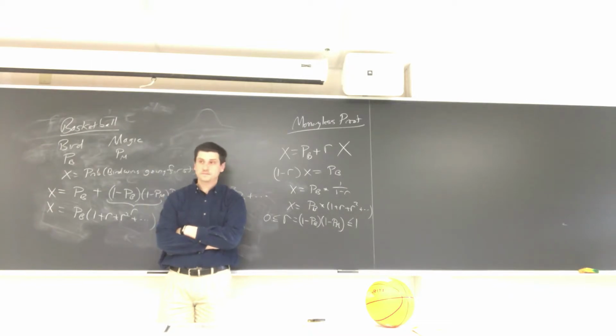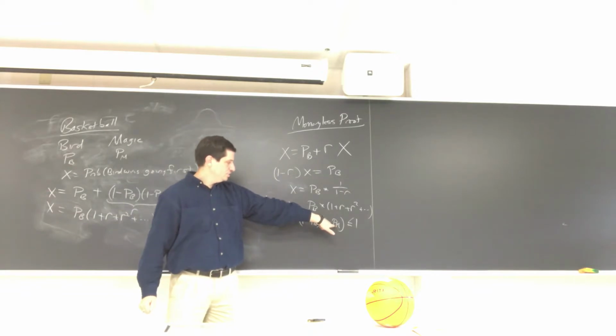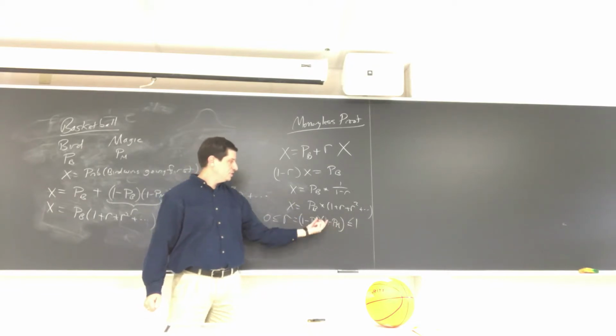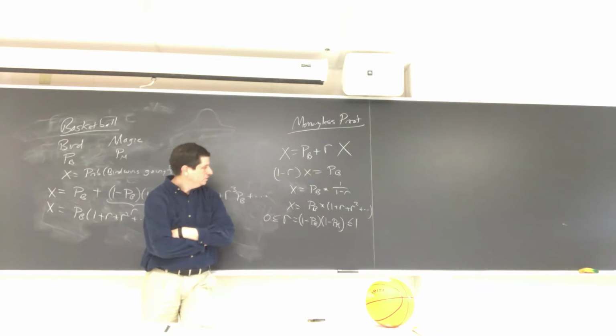It's undefined. It matters, are you approaching from a positive or a negative? Well, as we take the limit as these get closer and closer to 0, this is always going to be a small positive number.